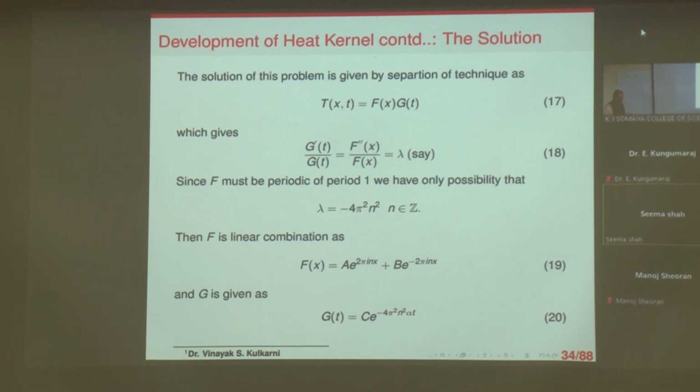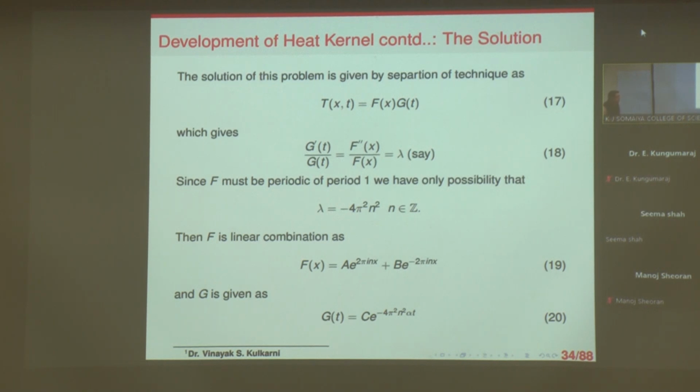So I can reach this particular equation number 18, right? And of course, again, like yesterday's problem, here x and t are the independent variables, and therefore by the theorem on equal ratio they must be equal to some other constant. I will call it lambda.